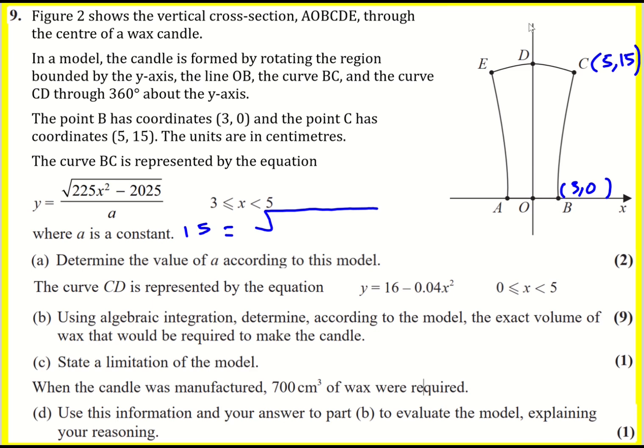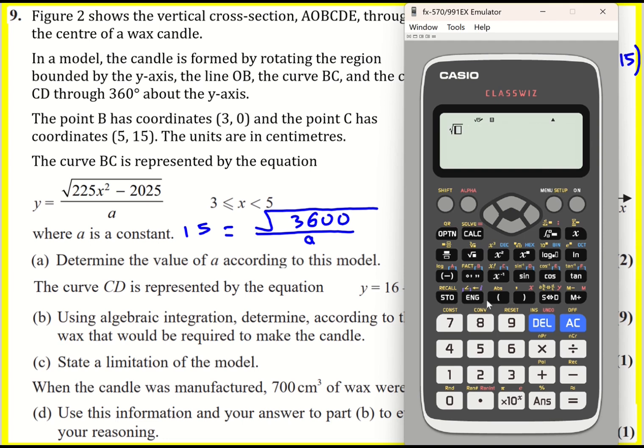That gives 3,600 over a. And a will be 3,600 square rooted divided by 15. This is 4.